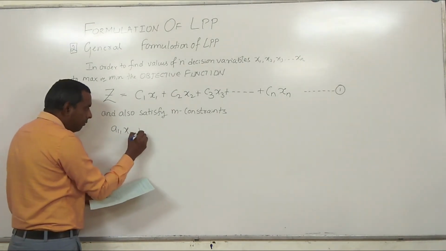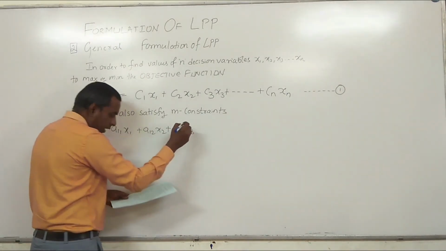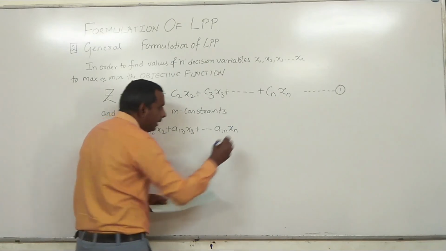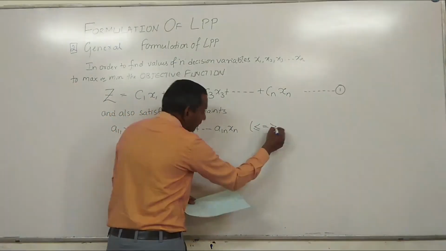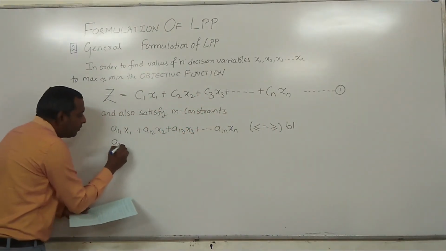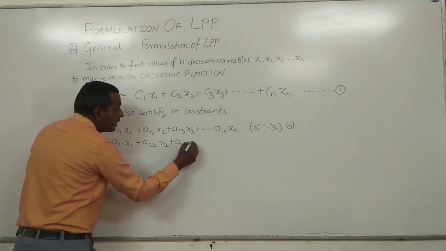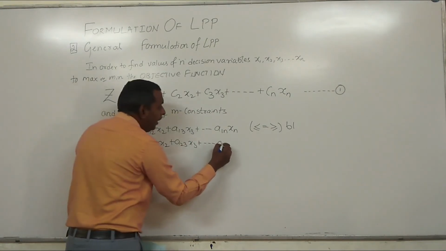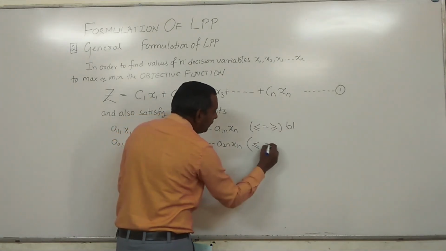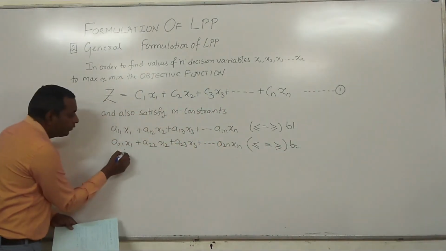a11 x1 plus a12 x2 plus a13 x3 up to a1n xn, that is B1, and a21 x1, a22 x2, a23 x3 up to a2n xn, in brackets greater than or equal to, less than or equal to, then greater than or equal to B2, and so on.